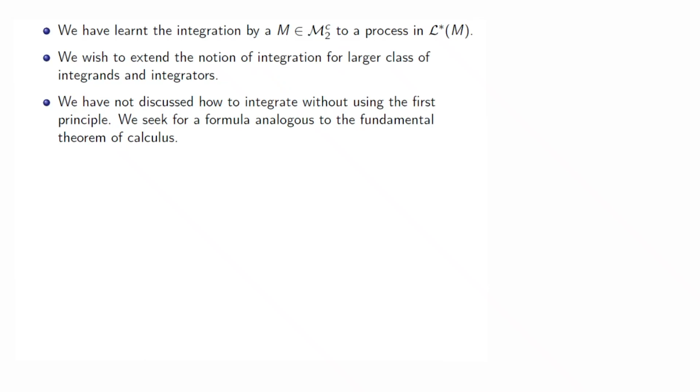Here also one can ask the same question: I understand the definition of integration, but how can you calculate easily using some theorem like the fundamental theorem of calculus? We have not discussed that yet. So we seek a formula analogous to the fundamental theorem of calculus, and that formula we call Ito's formula. It gives us the ability to find the integration from a formula, without going to the first principle.